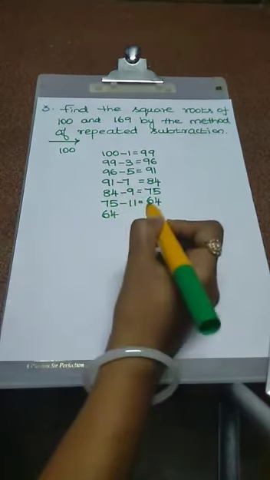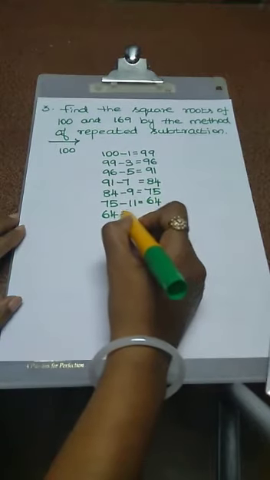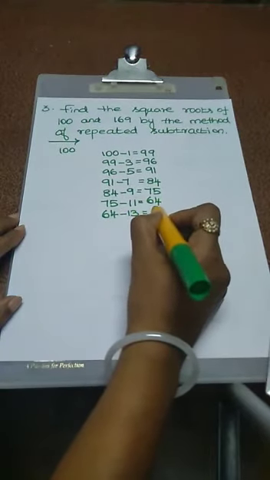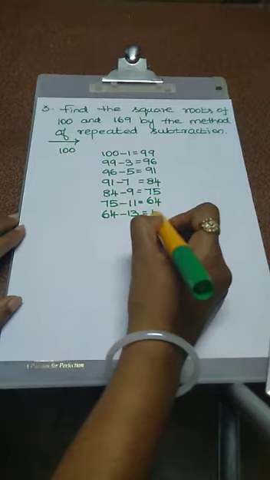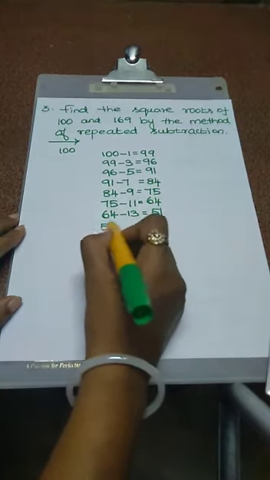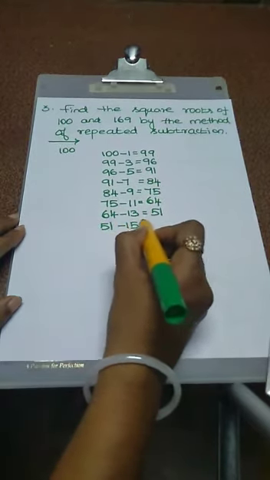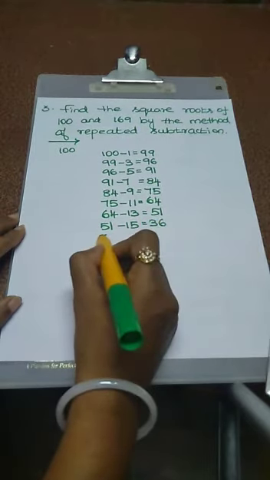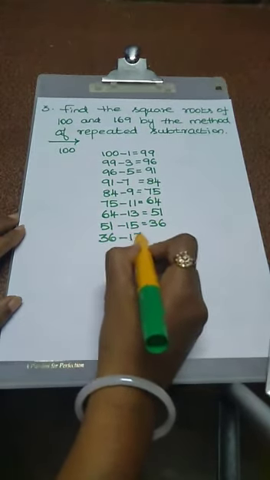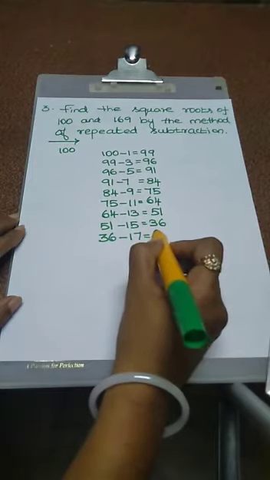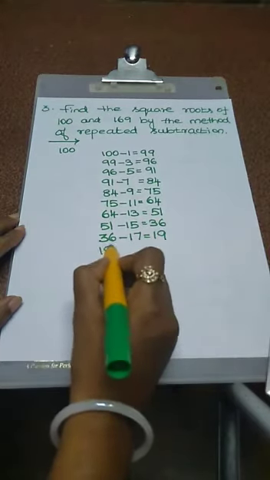Next select the number 64. Now choose the next odd number, that is 13. So 64 minus 13. What is the value? 51. Next 51 minus 15. The value is 36. Next 36 minus the next odd number, 17. What is the value? That is 19. Now take the number 19.